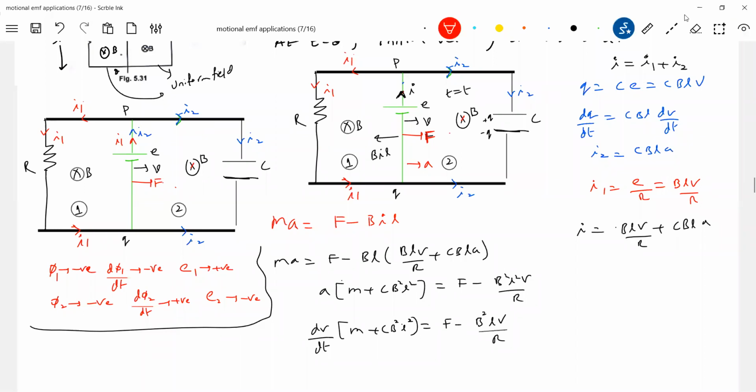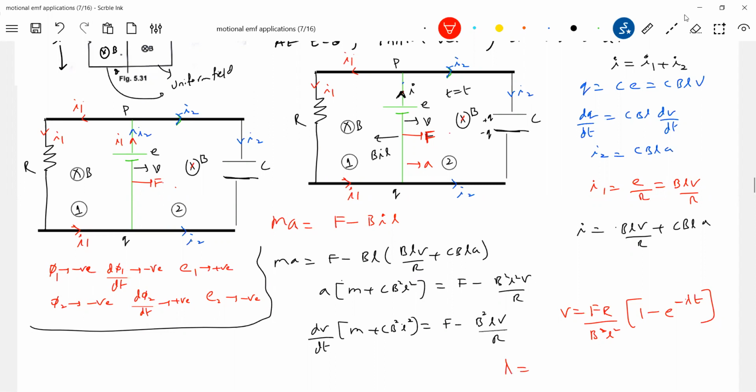I derived it. I ended up with an equation like this: V equals FR by B square L square, into 1 minus e to the power of minus lambda t. What is lambda?